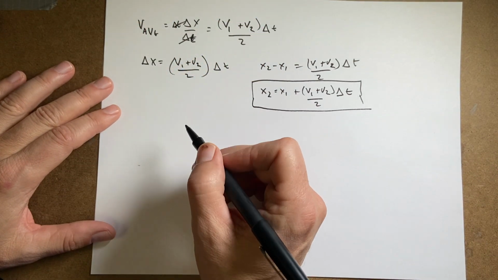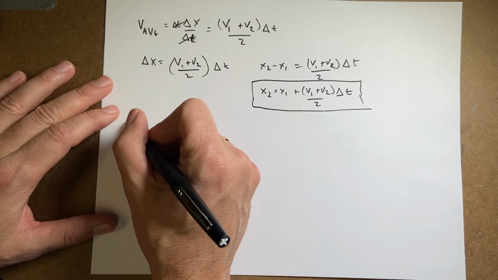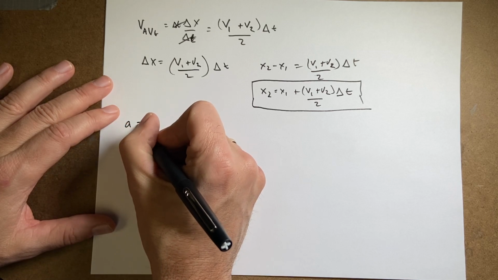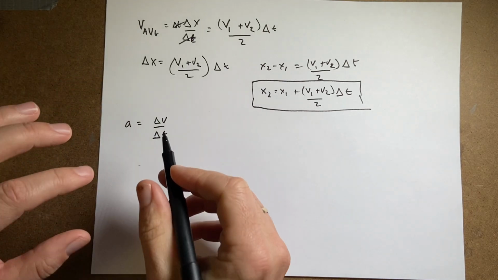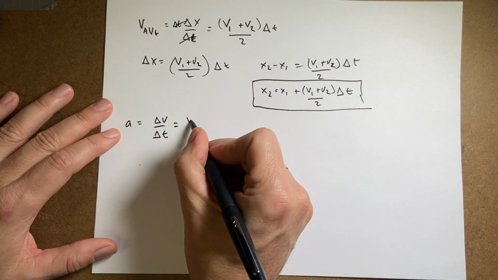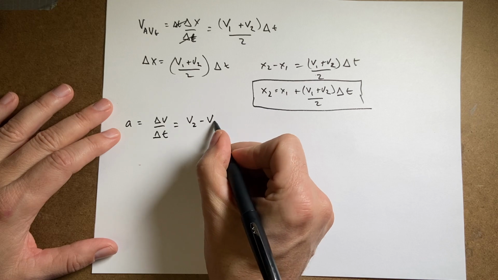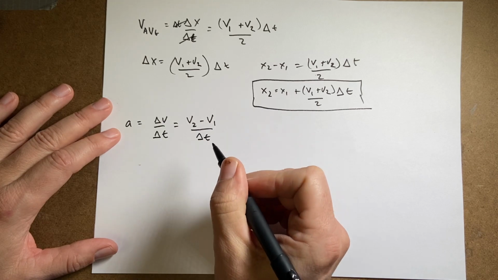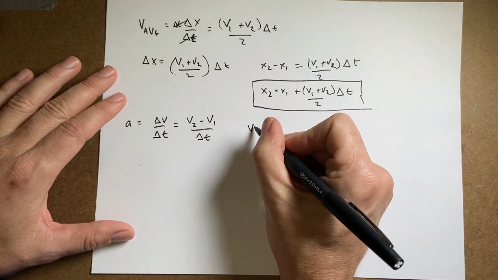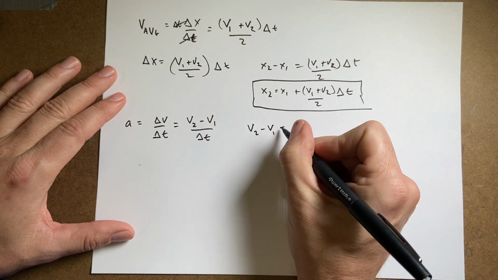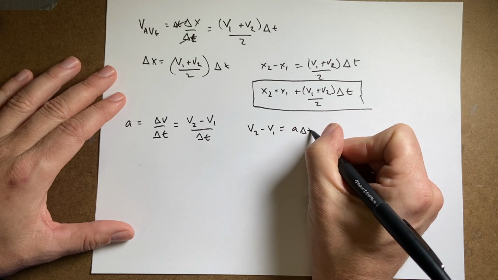Okay, let's do the next one. Let's start with the definition of acceleration. a is delta v over delta t. So delta v is just the final velocity minus the initial velocity divided by the change in time. Now I can multiply both sides by delta t, and I get v2 minus v1 equals a delta t.